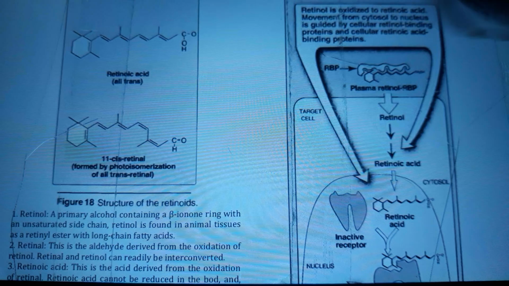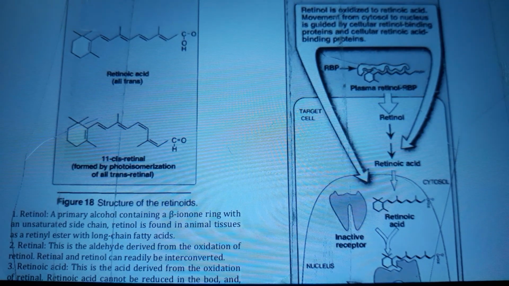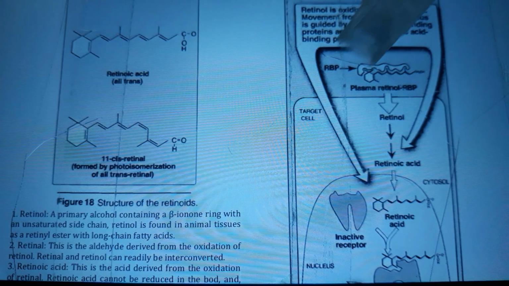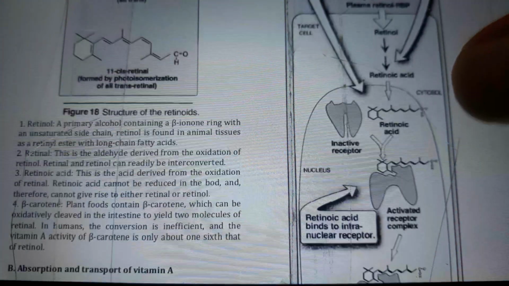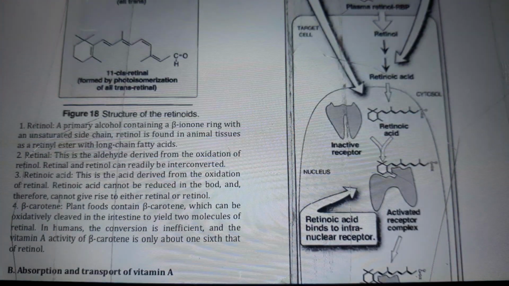Here you see it again in these diagrams, the explanatory diagram. Retinol is oxidized to retinoic acid. Movement is from cytosol to nucleus. It is guided by cellular retinol binding proteins and cellular retinoic acid binding proteins. As you go down, you can see RBP, moving on to plasma retinol-RBP, then giving rise to retinol, which gives rise to retinoic acid.